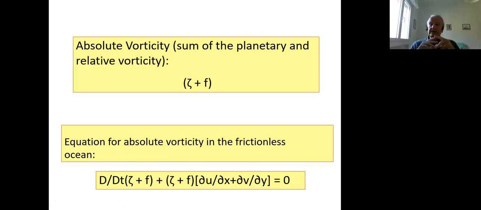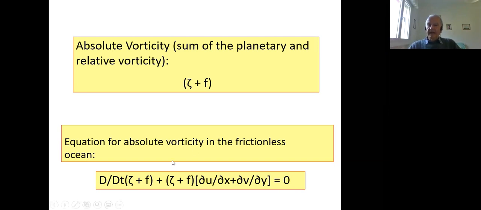Anyhow, this equation has been obtained starting from the equations of motion, and this is why it says frictionless ocean. Frictionless ocean means that on the right hand side of the equation you don't have friction, and the horizontal pressure gradient doesn't impact the velocity.